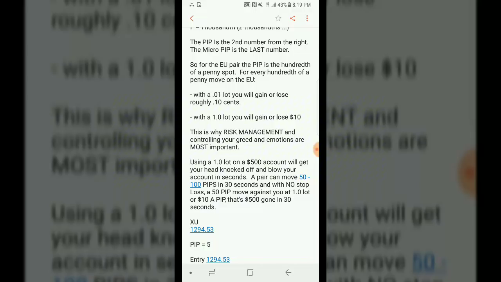A pair can move 50 to 100 pips in 30 seconds. With no stop loss, a 50 pip move against you at 1.0 lot or $10 a pip, that's $500 gone in 30 seconds. Sure, you can make it on the upside if you're right, but if you keep risking or playing chance like that, you're going to lose more times than you win.